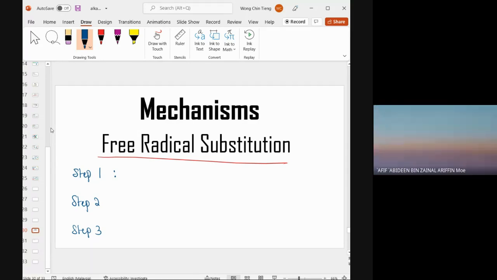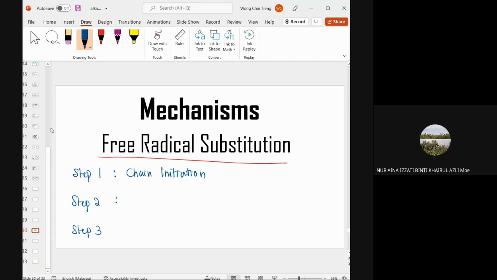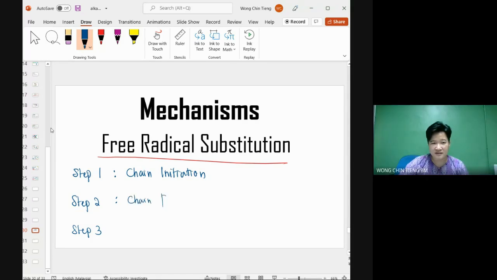Yes, Afif. Chain initiation. Thank you. Izati, step 2. Chain propagation. Step 2 nama? Chain propagation.